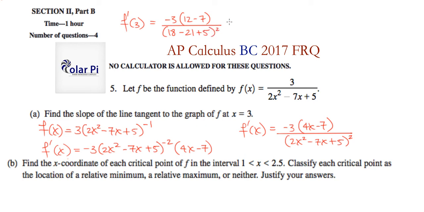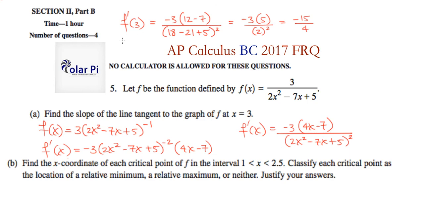So the numerator is negative 3 times 5, and the denominator is 18 minus 21 is negative 3, plus 5 is 2, so 2 squared. That's negative 15 divided by 4. Okay, cool. So that's f prime of 3, and that's the answer to A.